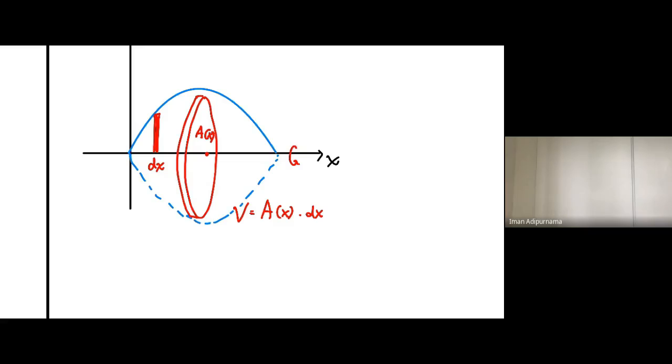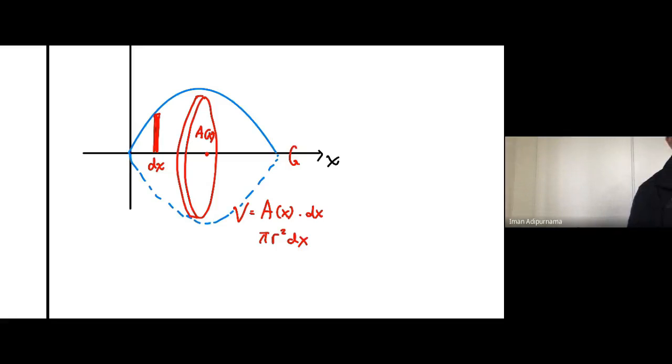So how to find the area? The circle, right? Area of a circle is pi r squared. Just use pi r squared here. Now the question is, what is our r, right?